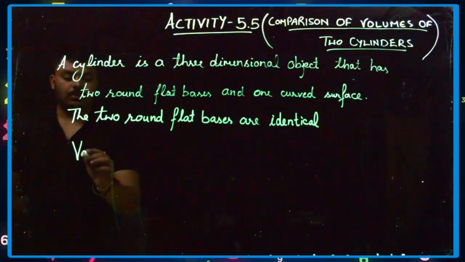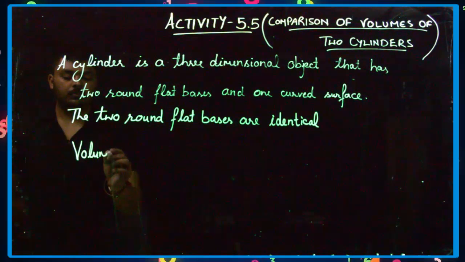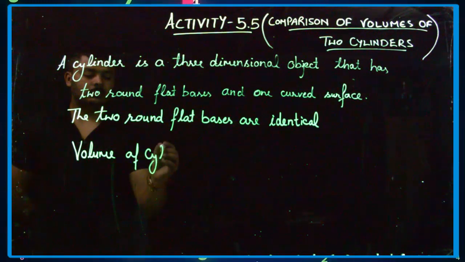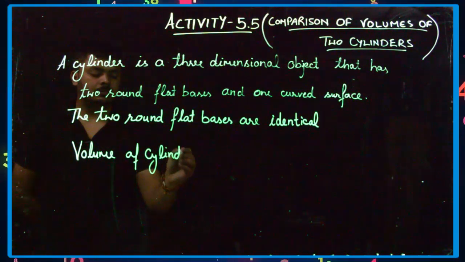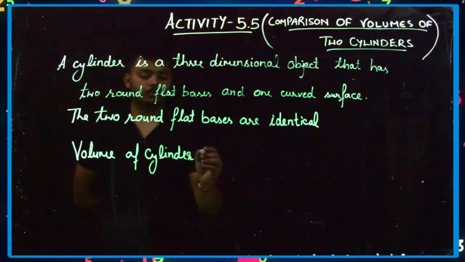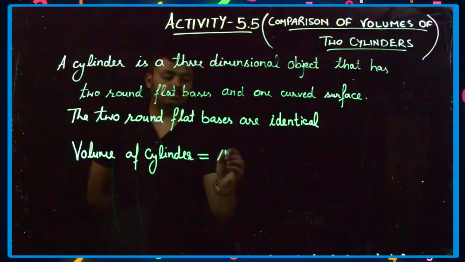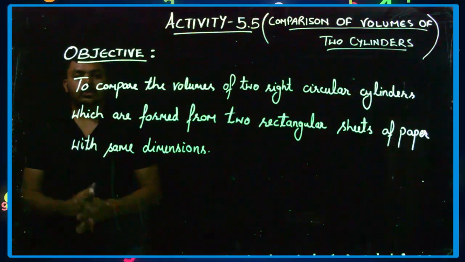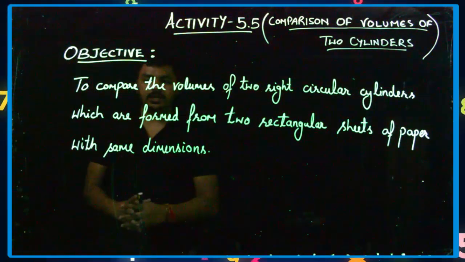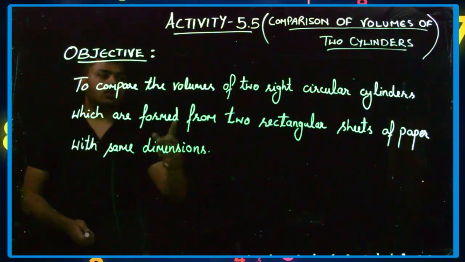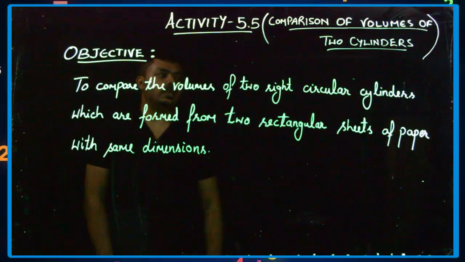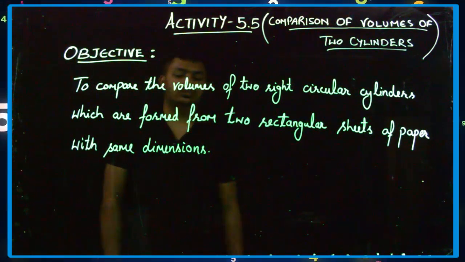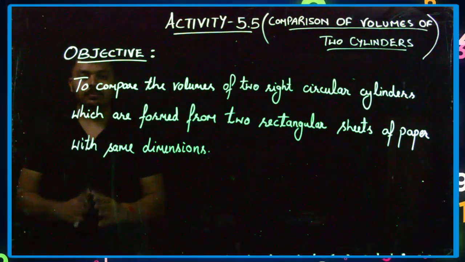And the volume of cylinder is equal to pi r square h. So students, our objective for this activity is to compare the volumes of two right circular cylinders which are formed from two rectangular sheets of paper with same dimensions.